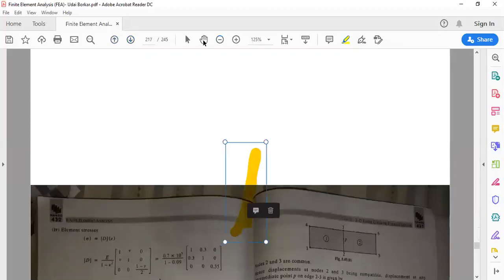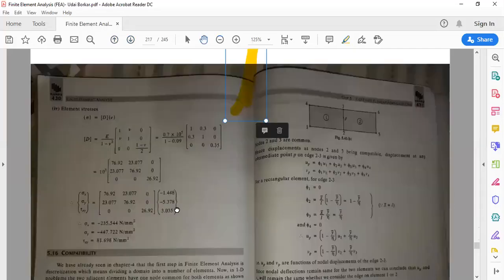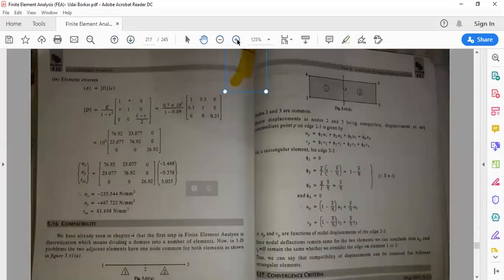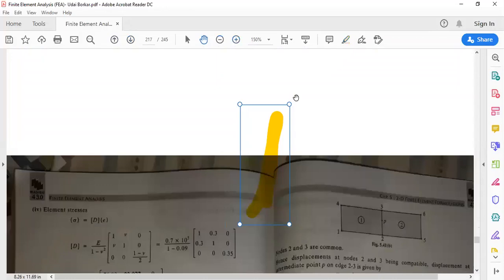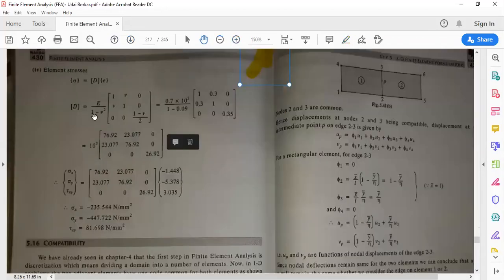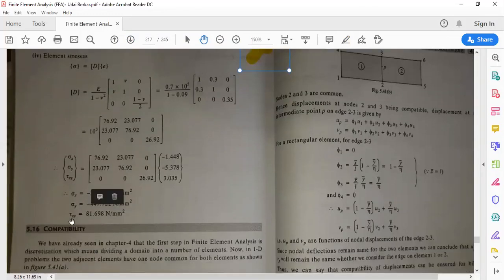So here we are considering the plane stress condition, that is E, Young's modulus, over 1 minus mu squared, times [1 mu 0; mu 1 0; 0 0 (1 minus mu) by 2], and we are calculating the values of D, putting that value over here and calculating the stress in X, stress in Y, and stress in XY.